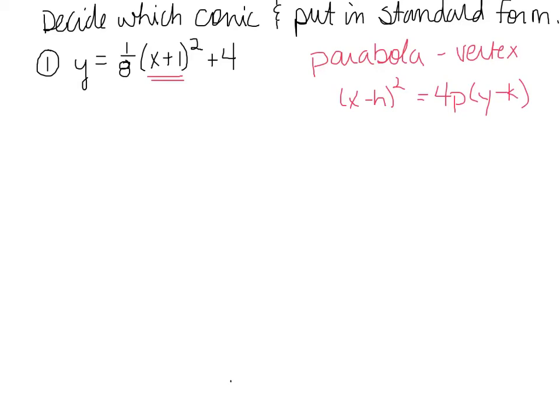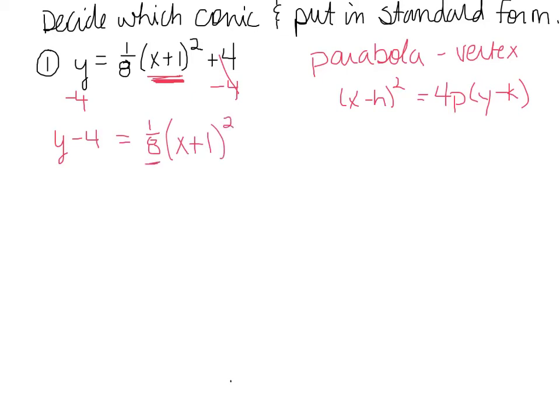So basically we need to move everything away from the quantity squared, the x plus 1 quantity squared. So the first thing we're going to do is move this 4 over, because we want to subtract 4 first, okay? So we have y minus 4 equals 1/8 of x plus 1 quantity squared.